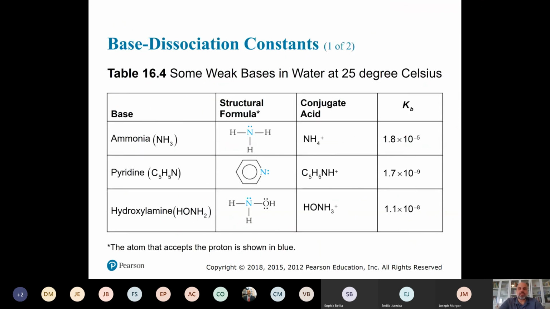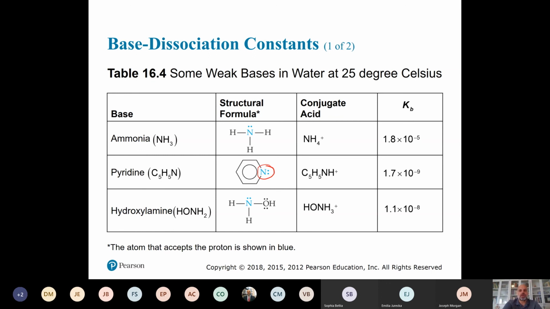All right, here's some examples of weak bases. We have ammonia. It has a Kb of 1.8 times 10 to the minus 5. We have pyridine. It looks just like the benzene molecule. The only difference is now with pyridine, we have this nitrogen with a lone pair present, and it ends up with a Kb of 1.7 times 10 to the minus 9.